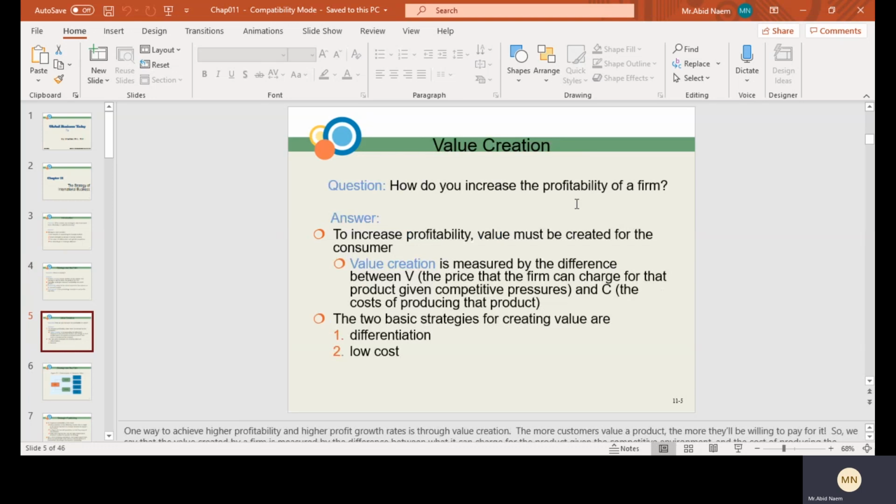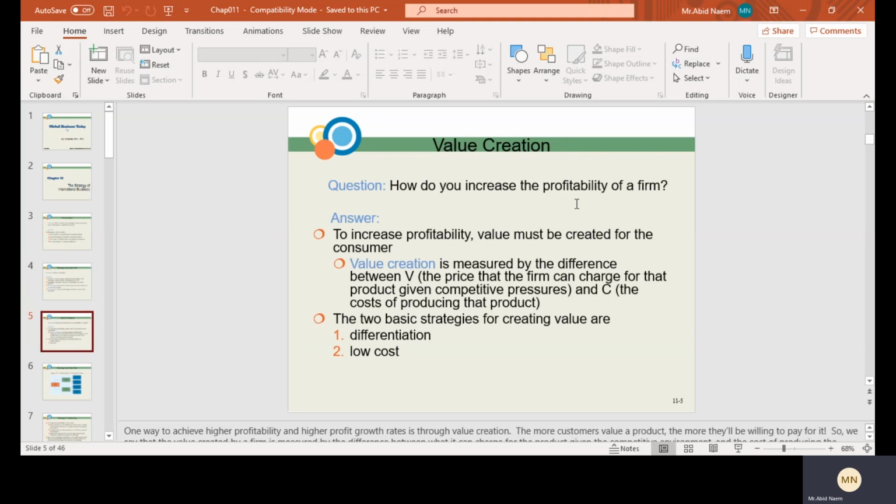Now let's try to understand the concept of value creation, because value creation translates into the profitability of a firm. As a marketing firm or as a business owner, you have to understand that to increase profitability, value must be created for consumers.